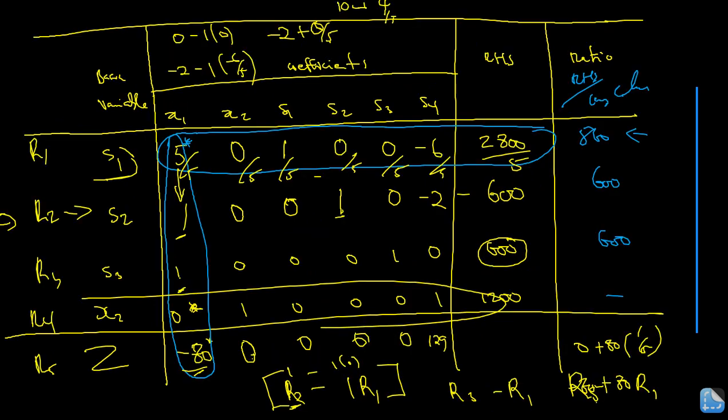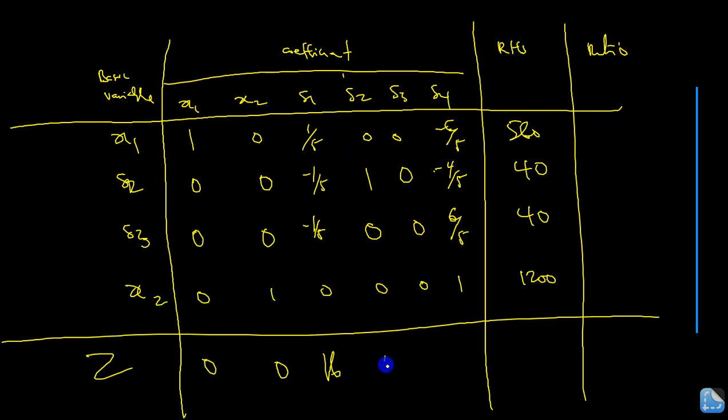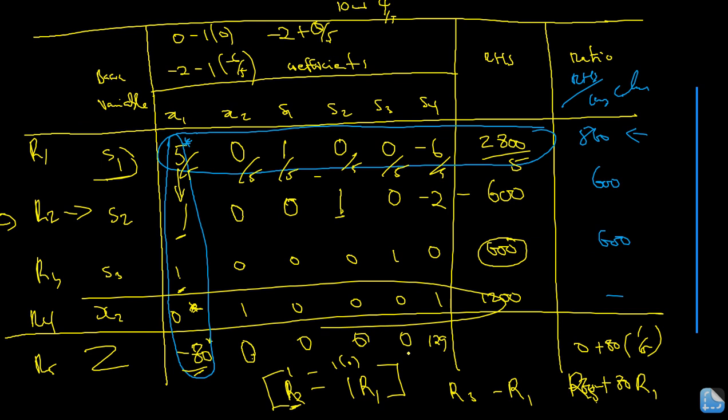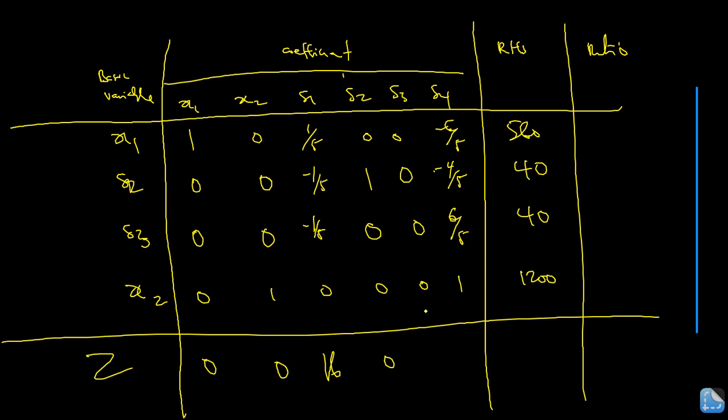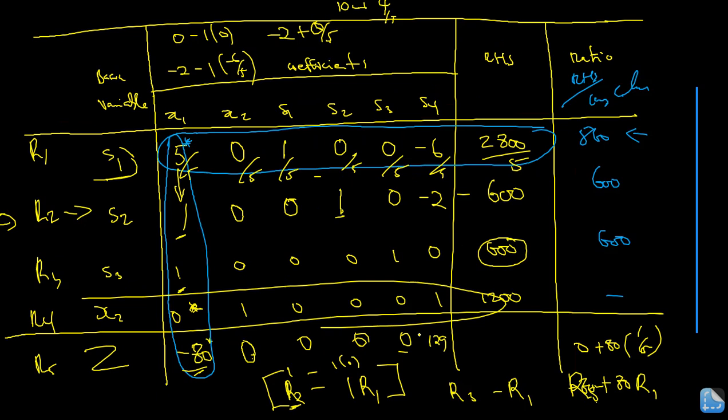And then here we have 0 and 0, so it will be 0 simply. And then 0 and 0, so this also will be a 0. And then the last one, this is 129, so let's write 129 plus 80 multiplied by negative 6 over 5.